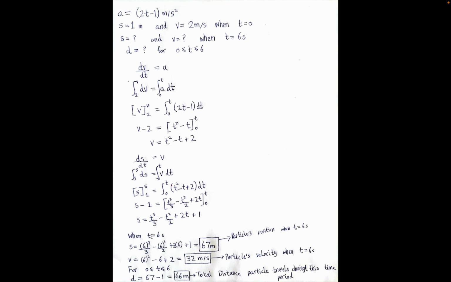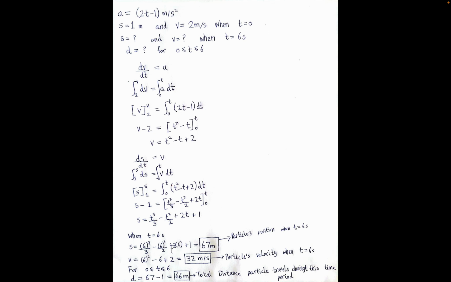We replace t with 6. We get the displacement 67 meters, which is the particle's position when t = 6 seconds. And using the same approach for v, we put 6 in place of t, and we get 32 meter per second, which is the particle's velocity when t = 6 seconds.